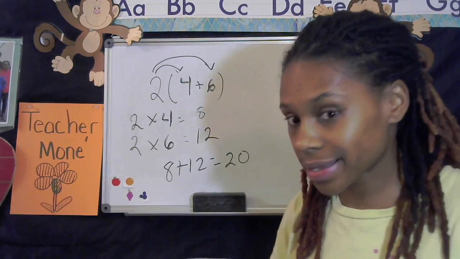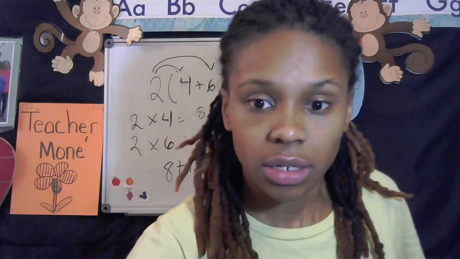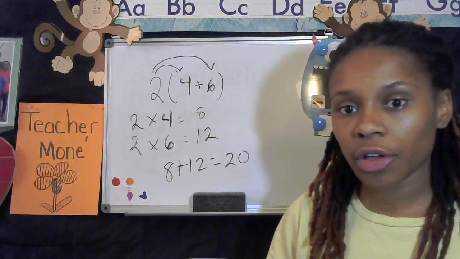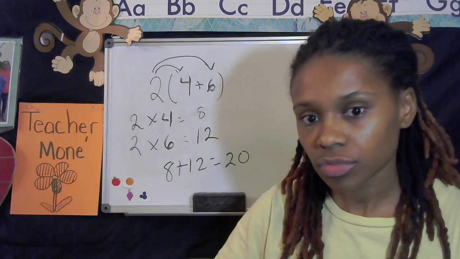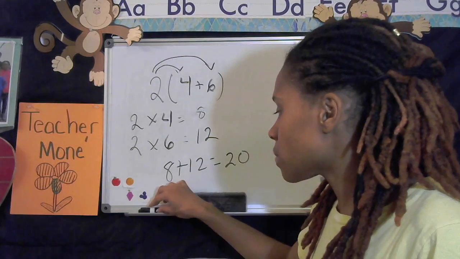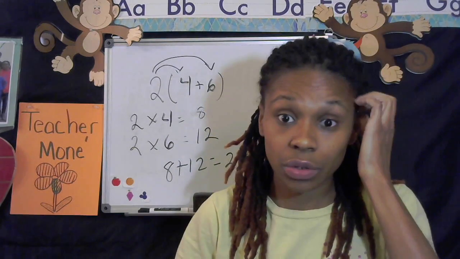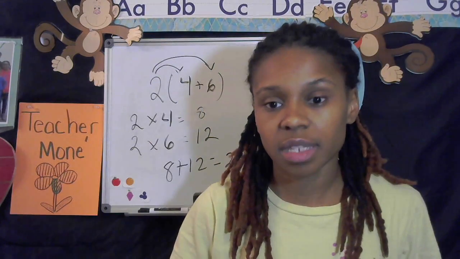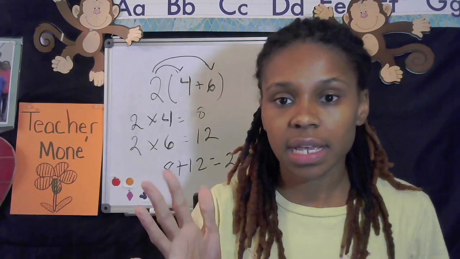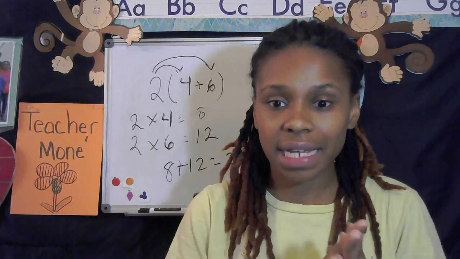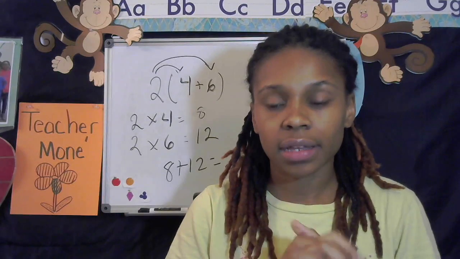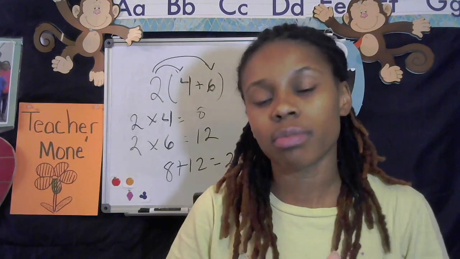Okay? And that is the distributive property. So, again, all 3 of those properties they need to know, and they will be expected to use those properties in isolation and in a word problem.